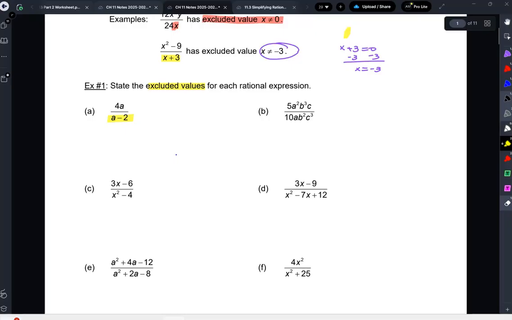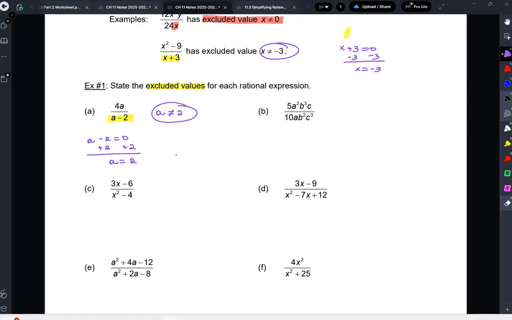So whenever you have 2 or more terms, you take the denominator, set it equal to 0, and you solve for the variable. A equals 2. So I say the excluded value is a cannot equal 2, right? Because if a was equal to 2, 2 minus 2 would be 0, and that's not okay.